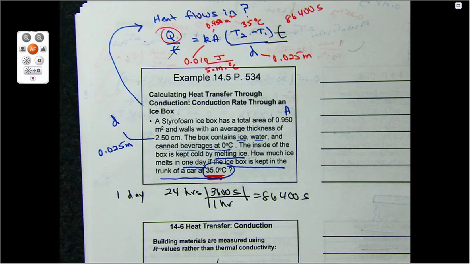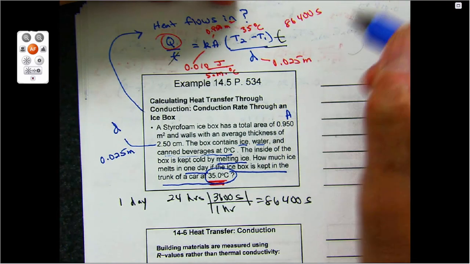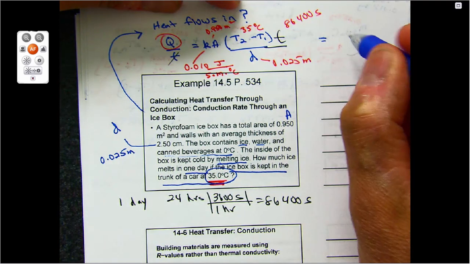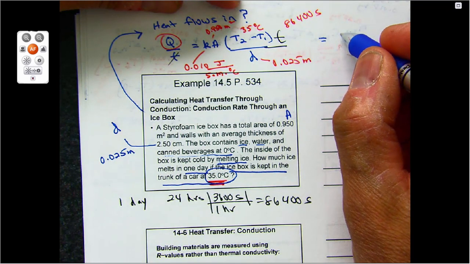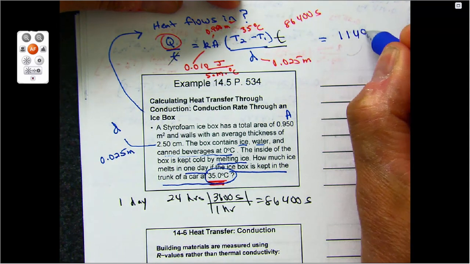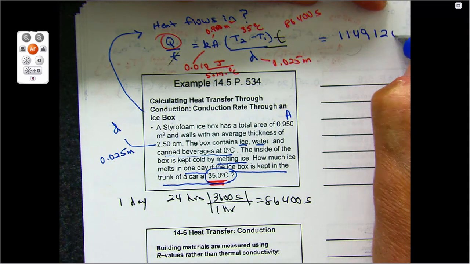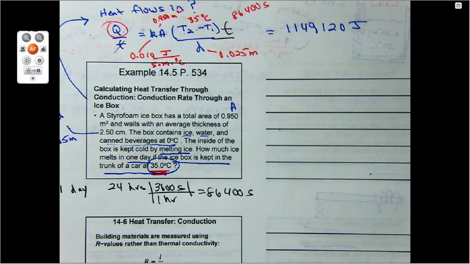I got 1,150,000 or something like that. Is that right? What do we get? 1149. That's fine. 1149120 joules. Okay.